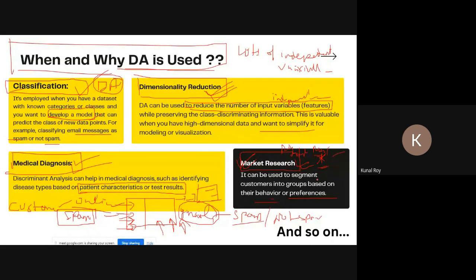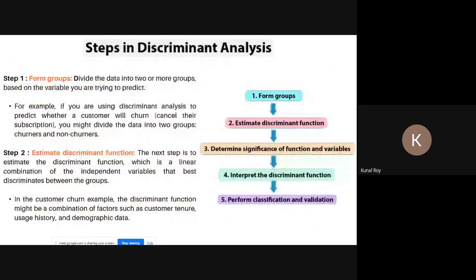Here they are taking the customer behavior and preferences. This behavior and preferences are acting like independent variables, so that they could analyze what the customer wants at hand. They do not have to move offline for what can be done using the online approach. So that's why market research is also used for discriminant analysis.